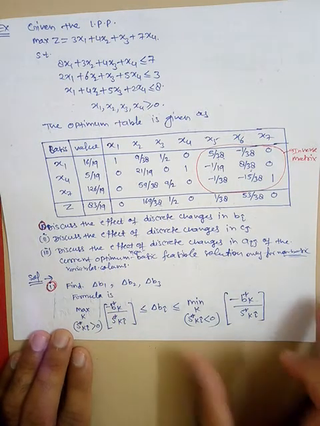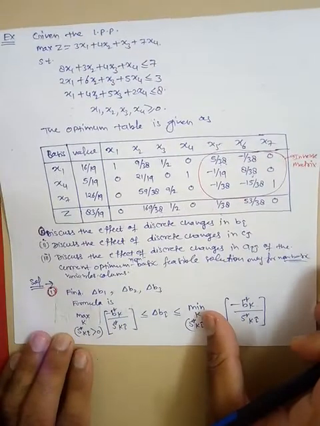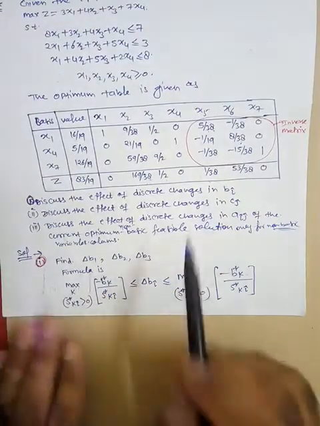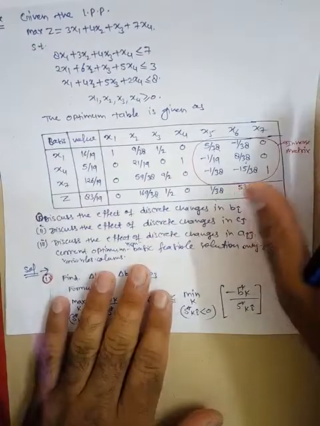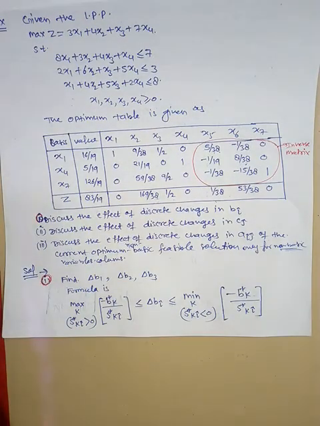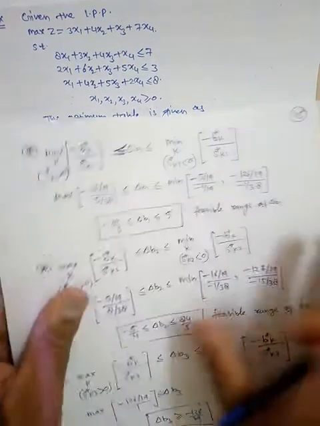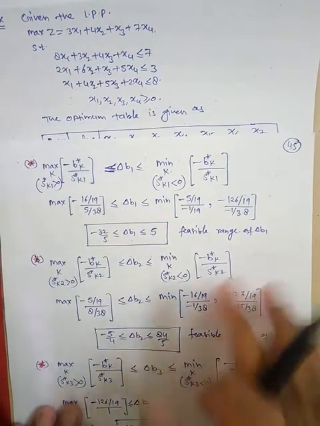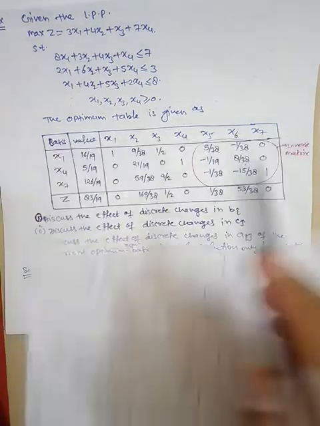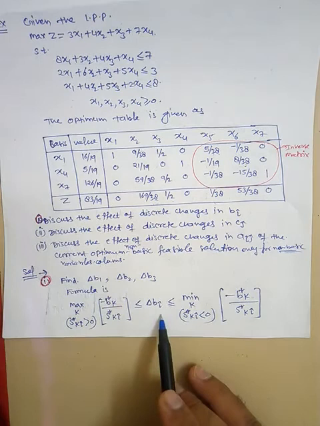So how to apply this? Let us see. So this is the table. Here we have to apply this method. For delta b1, in this formula put i equals 1.